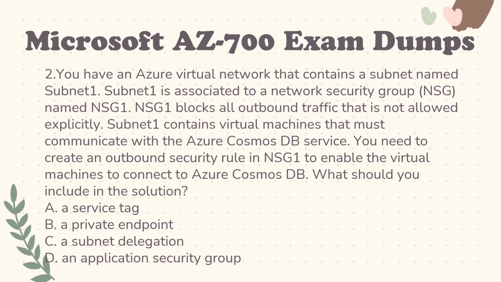You need to create an outbound security rule in NSG1 to enable the virtual machines to connect to Azure Cosmos DB. What should you include in the solution? A. A service tag, B. A private endpoint, C. A subnet delegation, D. An application security group.